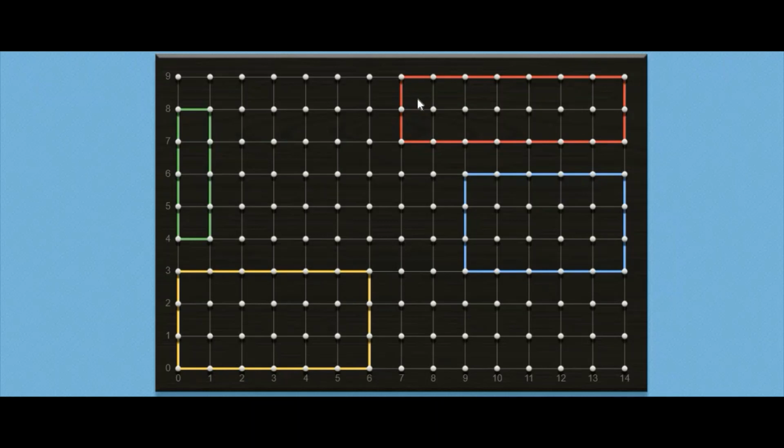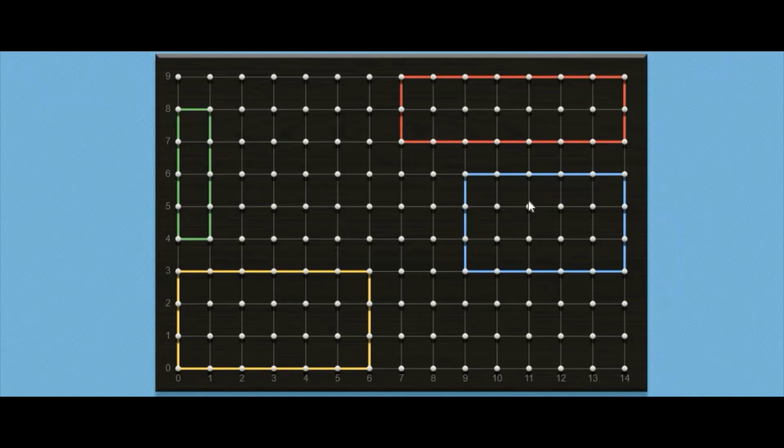So this would be 1, 2, 3, 4, 5, 6, 7, 8, 9, 10, 11, 12, 13, 14. Right? So the area of this rectangle would be 14 square units, right? Because we measure area in square units. It is the amount of square units that cover the surface, right?